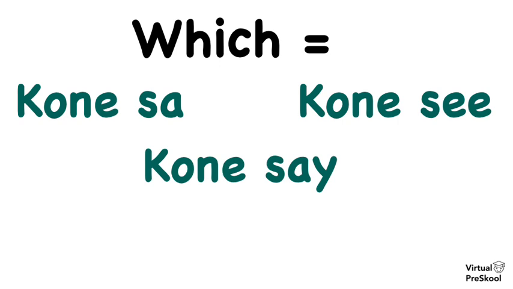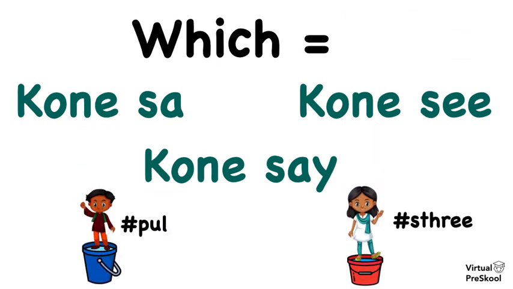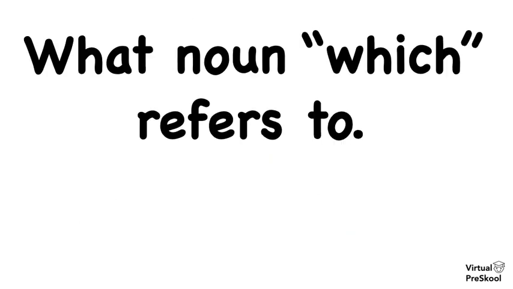So how do we know which one to use? How do we decide? It depends on whether the noun that the which refers to is pulling or stree. Let me say that again. It depends on whether the noun that the word which refers to is pulling or stree. So what do I mean by what noun which refers to?